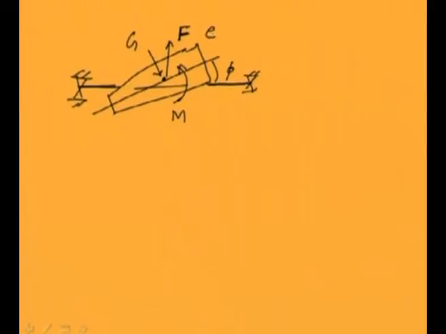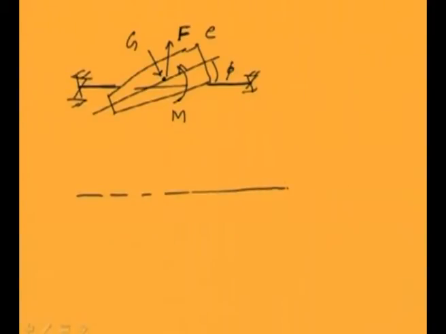So for this particular case, the centrifugal force which is acting and the couple which is acting may not be in the same plane. So we need to consider the correction masses, because these forces and moments are in different planes.